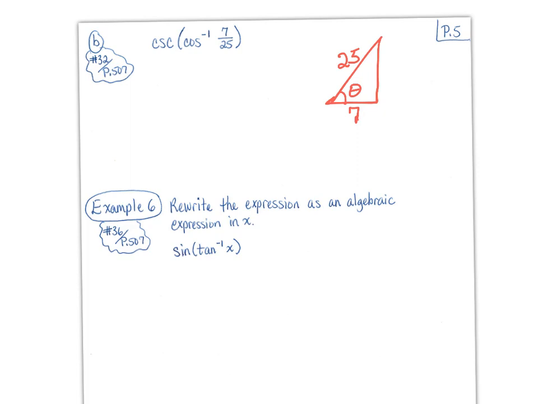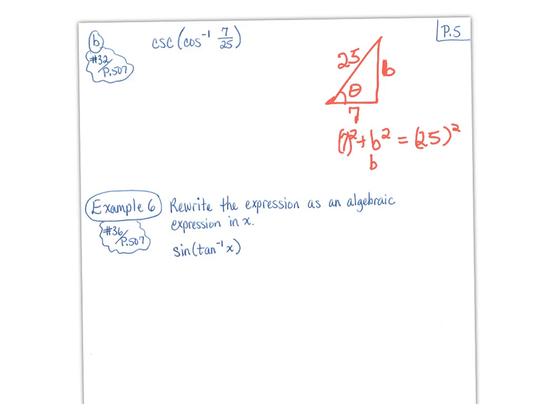That's correct. So here, that's your unknown. Your unknown is b, and so you use the Pythagorean theorem. We have 7 squared plus b squared is equal to 25 squared.